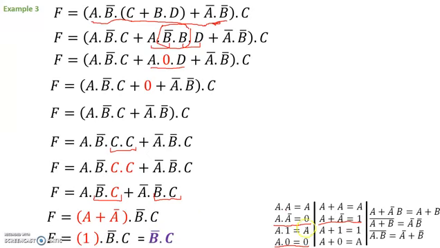So I have 1 ANDed with not B, C, and we are left just with not B, C. So wow, we used all four of the AND rules in this particular example. So this Boolean expression we started out with simplifies simply to not B, C.